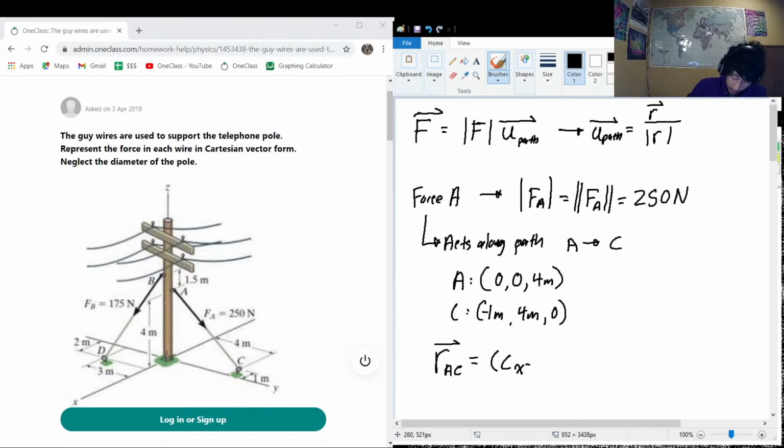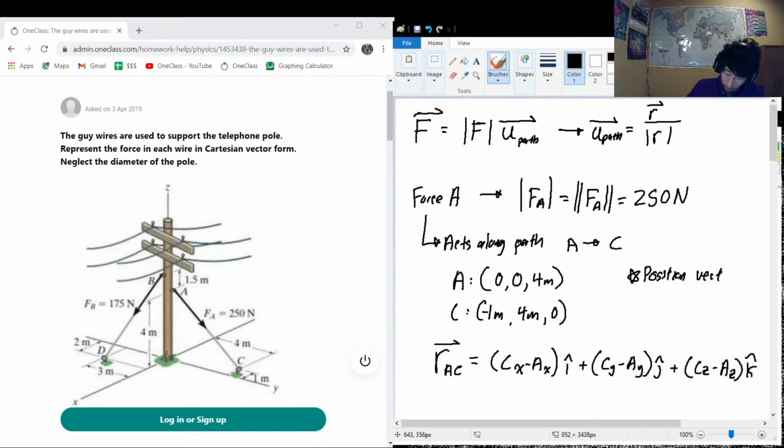So CX minus AX in the I direction, plus CY minus AY in the J direction, and plus CZ minus AZ in the K direction. So remember, when you're doing position vectors, do the destination minus source.